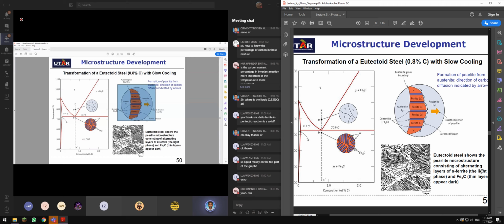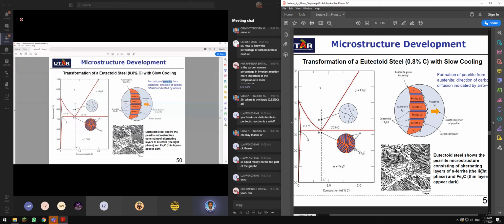And we call this pearlite. I read somewhere that they call this pearlite because the shape of this looks like mother of pearl. I think there's a type of natural pearl. When you look at the microstructure of the natural pearl from an oyster, it looks something similar to this. So that's the reason why they call it pearlite.